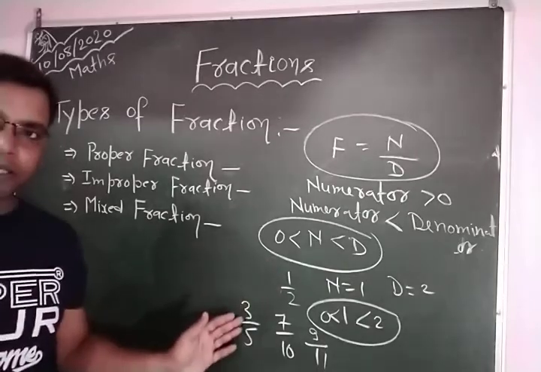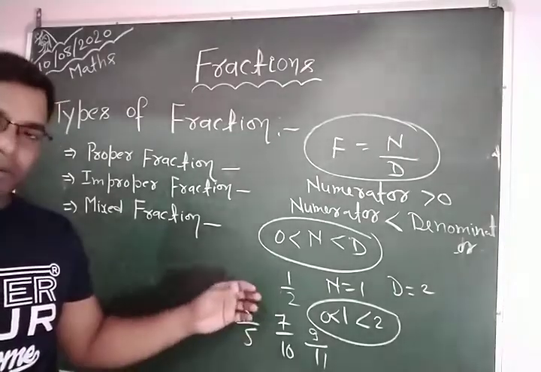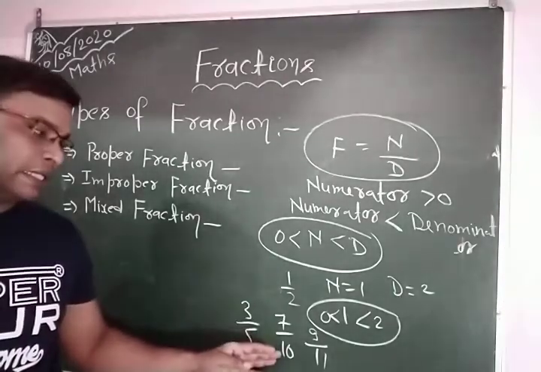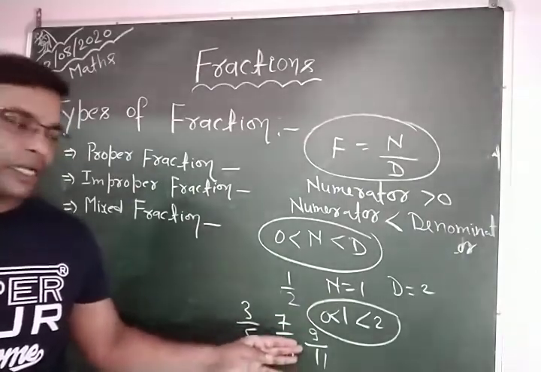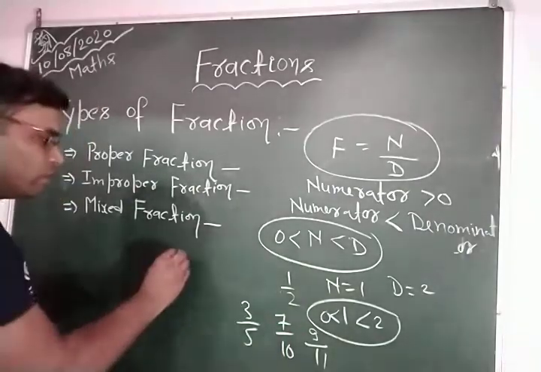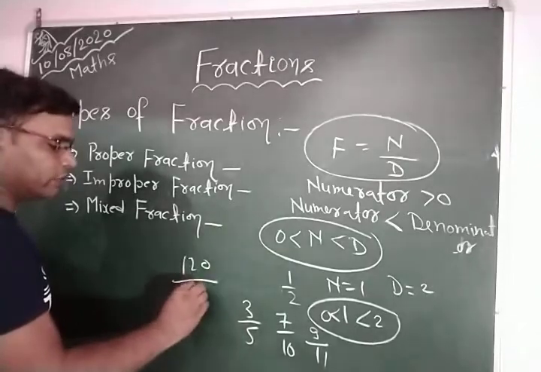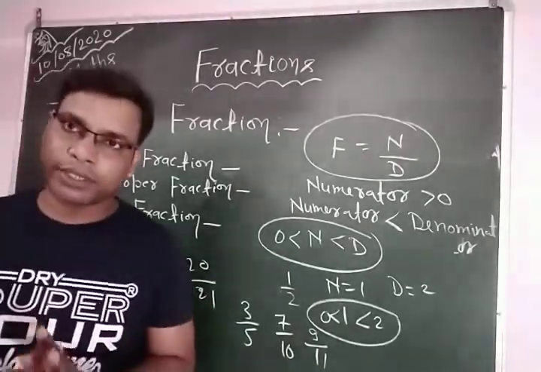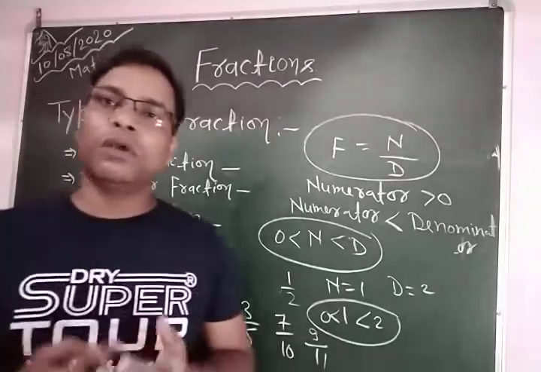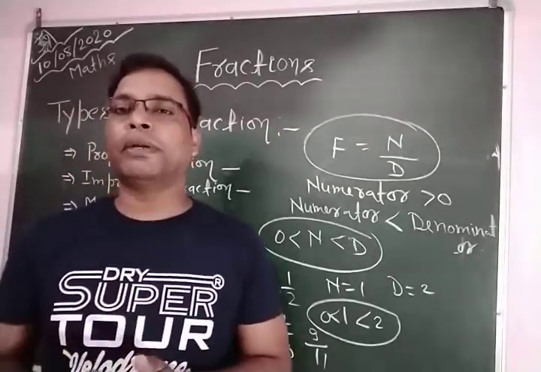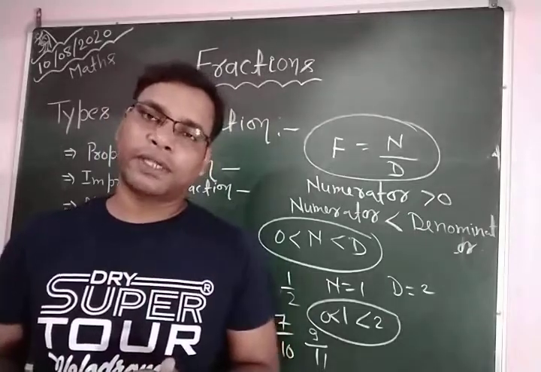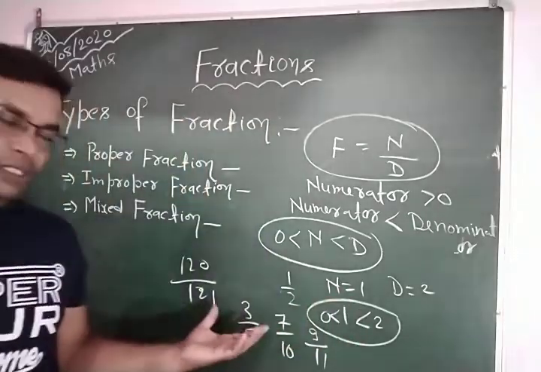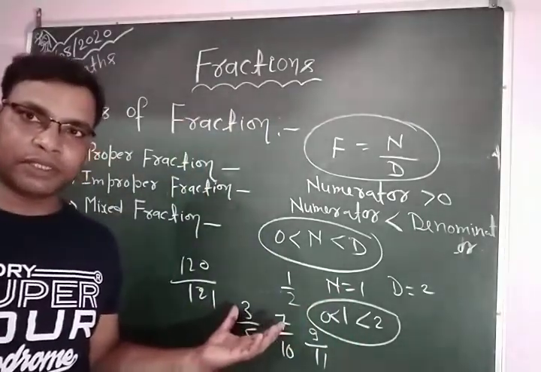For example, 1 by 2, 3 by 7, 3 by 5, 7 by 10, 9 by 11, or you can say 120 by 121. A lot of examples of proper fractions. All those fractions whose numerator is greater than 0 but less than its denominator are called proper fractions.